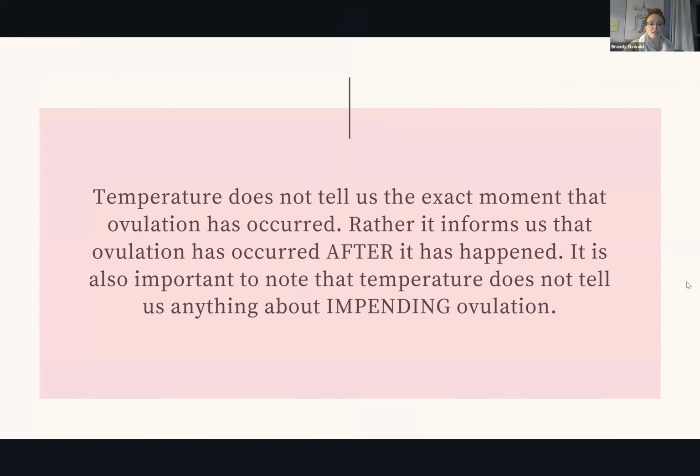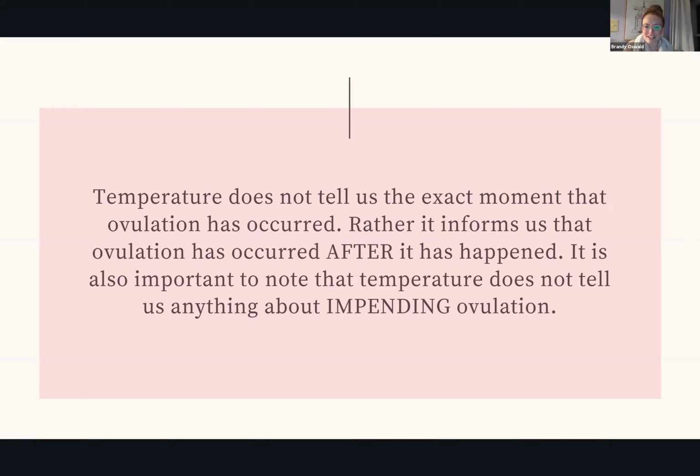So temperature does not tell us the exact moment ovulation has occurred. This is so important, because how many movies have we watched where some lady ran out of the bathroom and was like, I'm ovulating, oh my God, we have to do it right now. That's not how getting pregnant works. I literally just watched a show not too long ago where she said, my temperature is optimal, we have to try today.